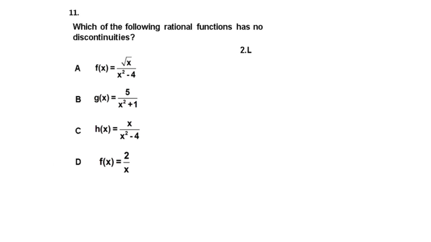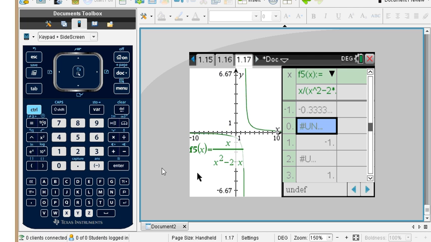Next, problem 11. Which of the following rational functions has no discontinuities? And I'm going to show you only one of them has no discontinuities. And in fact, the 3 wrong answers have vertical asymptotes. Anyway, I'm going to go ahead and look at answer choice A here, which is not a right answer.